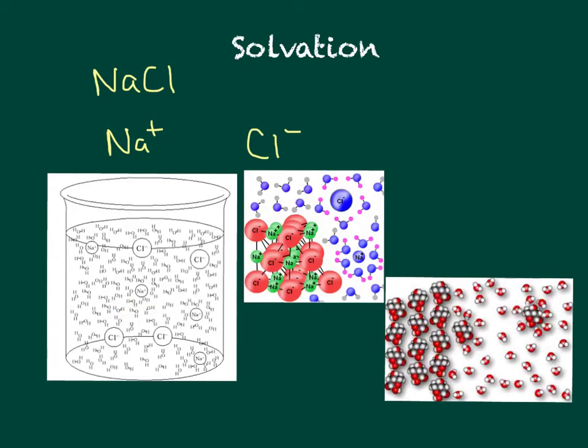Now here's another picture of it. Sodium chloride, this is salt, and you put this in water, and here it is. You've got the chloride ions and the sodium ions, and you get those positive and negative charges. The more of those you put in there, the better it will conduct electricity. Now this one down here is a sugar solution. Sugar is a molecular compound, and it does not break apart into ions. It just breaks apart into the sugar molecules, and they still get surrounded by water molecules.